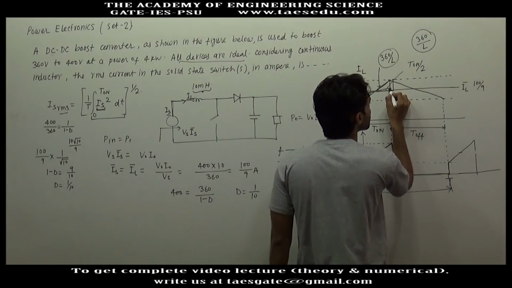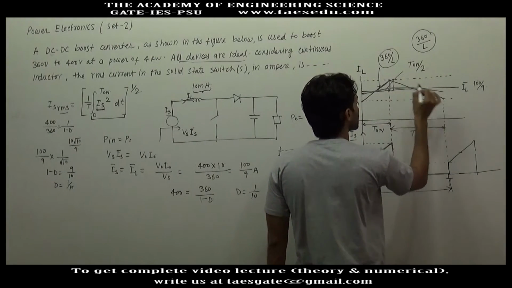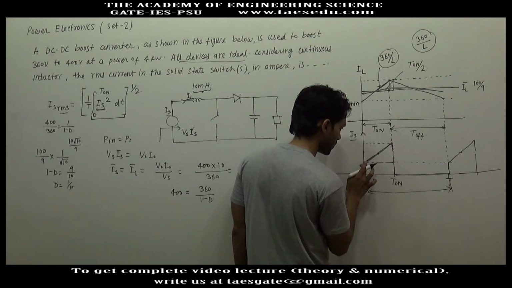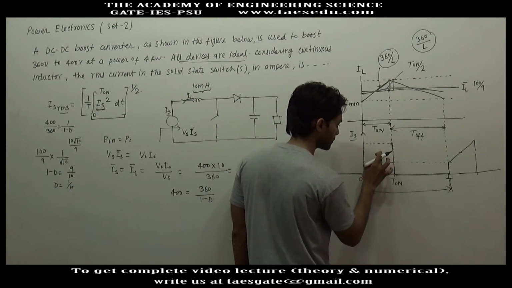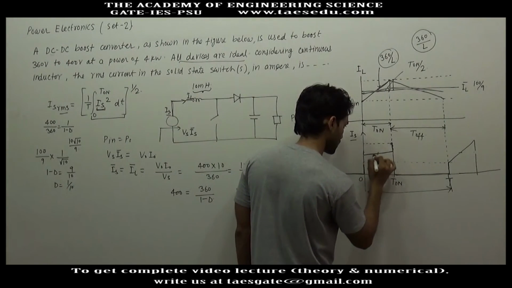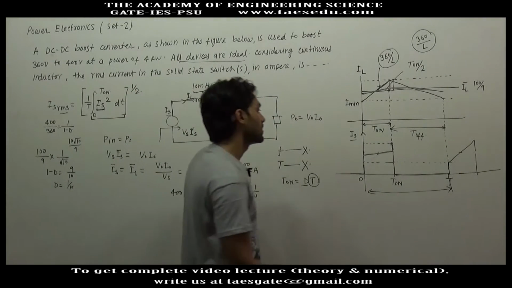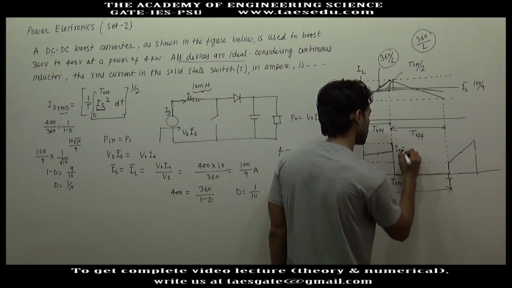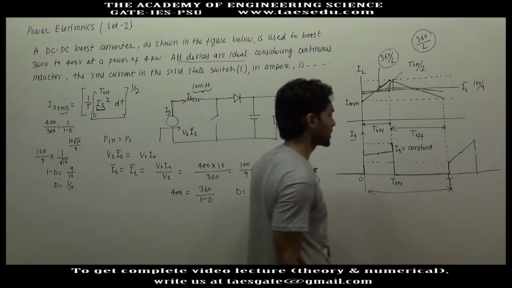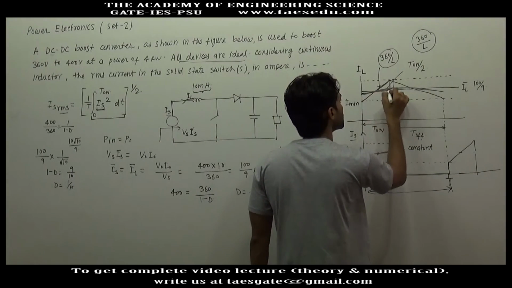Then how will the graph of switch current look? This will be the graph of switch current, and in this duration we can roughly assume that the switch current is constant. Here also the inductor current is approximately constant.